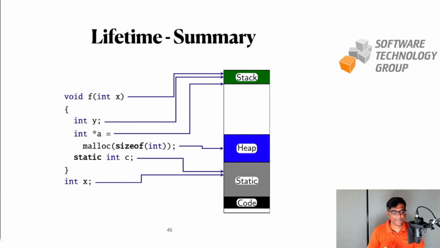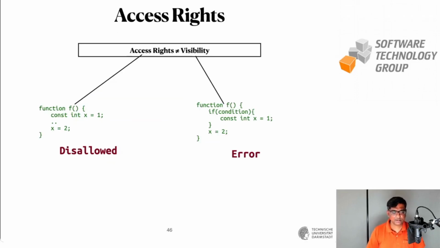And of course, the static in C, even though it's inside a function, because we have marked it as static, would go in the static memory. And int x, because it's global, which exists outside all functions, would go inside the static memory too. So this is a summary of different lifetimes based on different kinds of variables and where they are stored in memory.